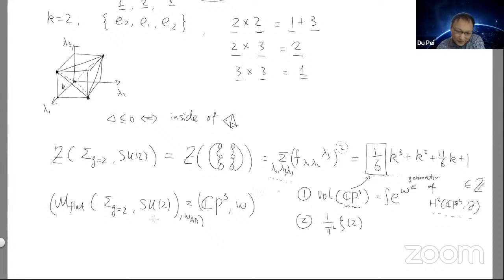And how can one see this? One way to see this is by really looking at the moduli space of flat connections, and then by identifying this as a character variety of the genus 2 Riemann surface, and literally solving, getting a system of equations and identifying that with CP3. So this can be identified with the character variety of the genus 2 Riemann surface.